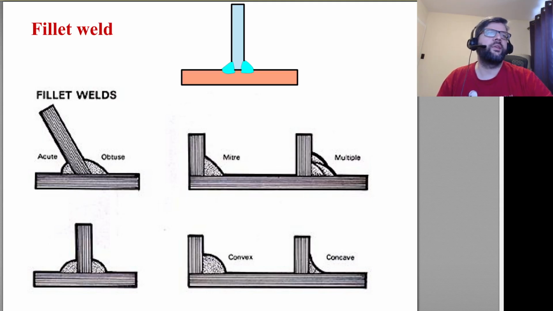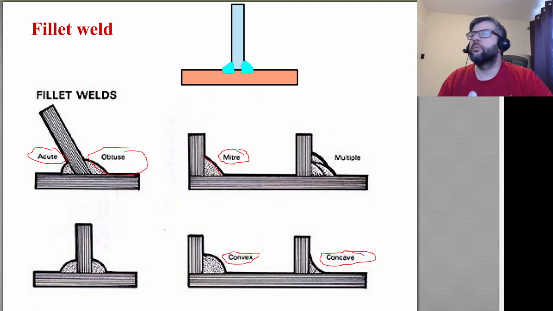So fillet welds can be at angles, if need be, acute angles, obtuse angles. They can be convex and they can be concave. Generally speaking, you generally want them to look more like a straight line fillet than not.